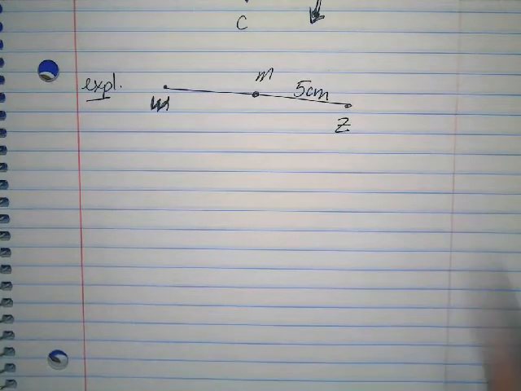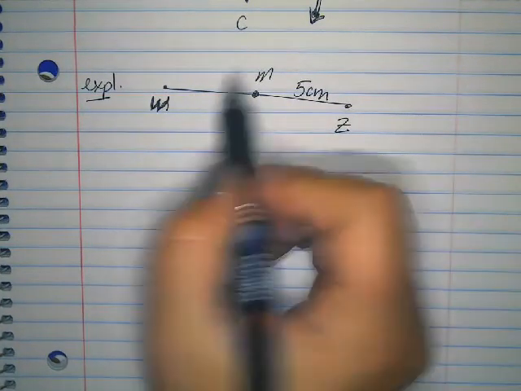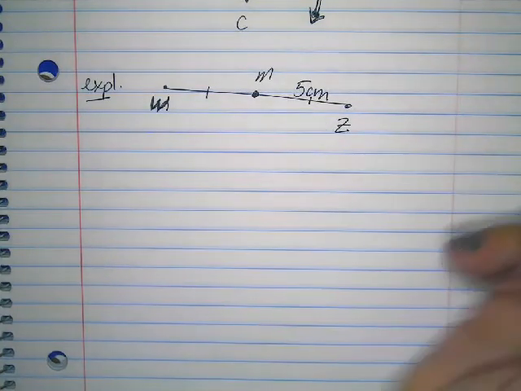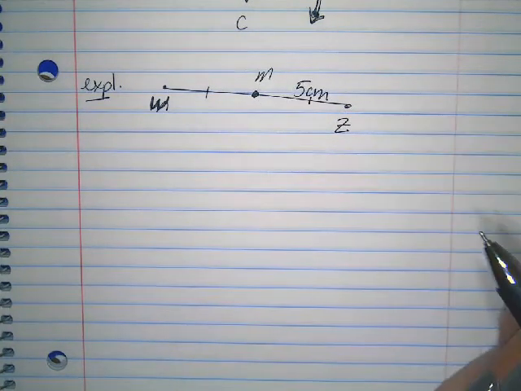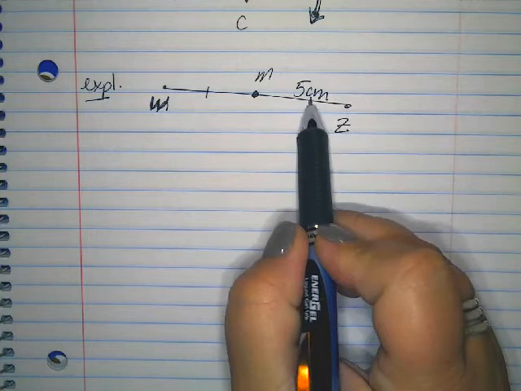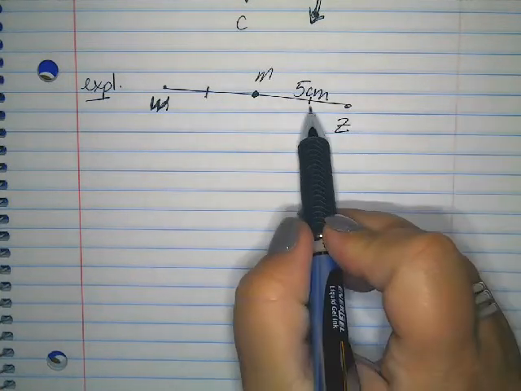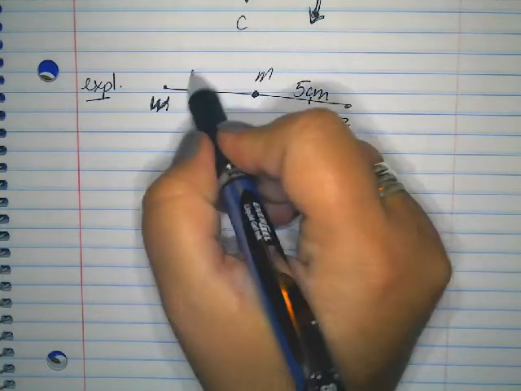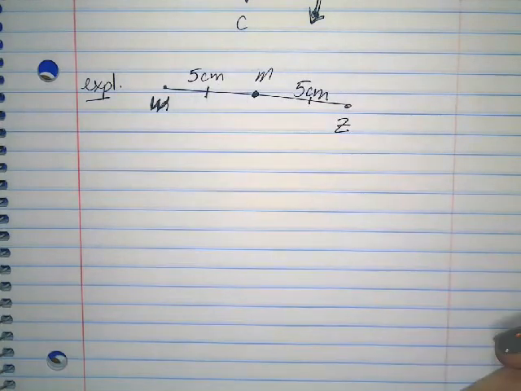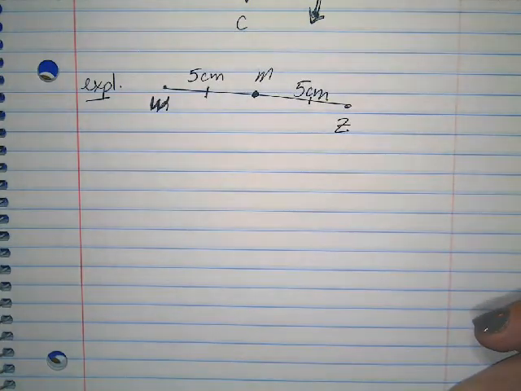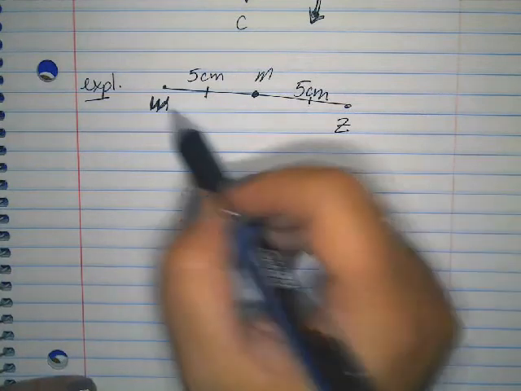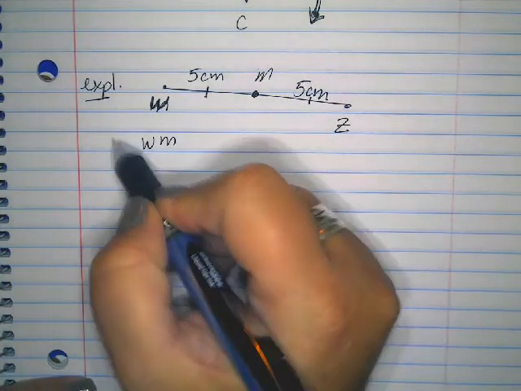Well, if I tell you that this is a midpoint, remember that means that these two are the same, because the midpoint chops this segment in half. If this is equal to this, and I already know that this is 5, then I'm going to know that this is 5. Sometimes they're going to ask, what is WM?